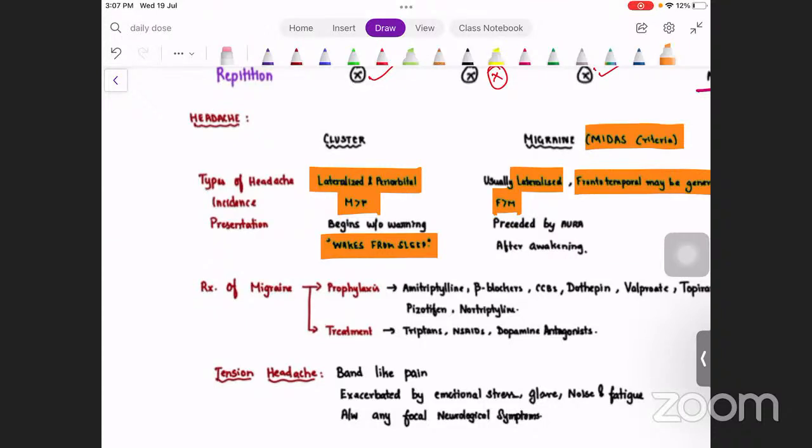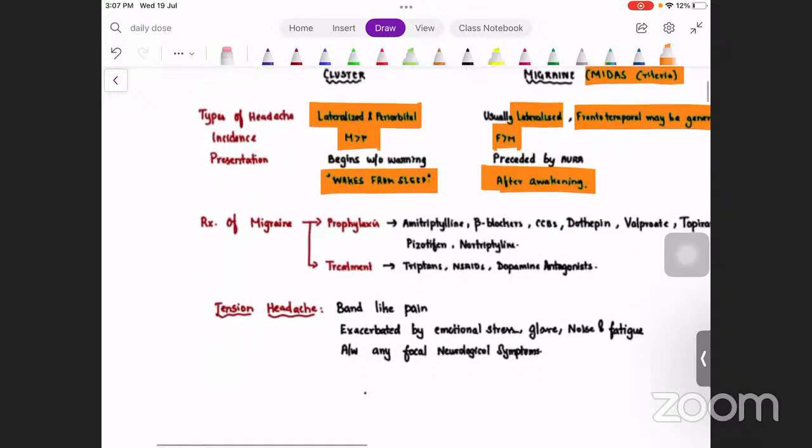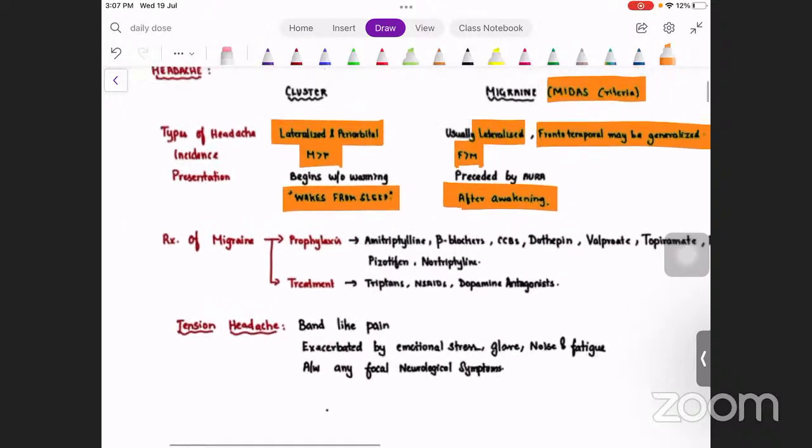While the presentation of migraine is mostly preceded by aura, and mostly you will see the headache after awakening. So, cluster headache: lateralized and periorbital type of headache. While migraine is usually lateralized, frontotemporal, and may be generalized.